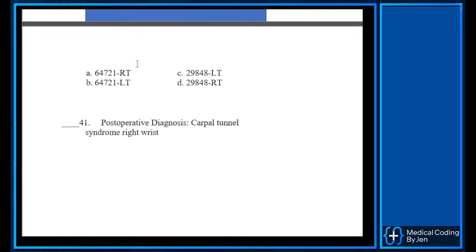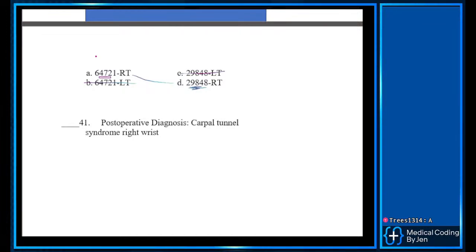All right. Can you guys figure out what the answer is with this one? Let's see. We've got right wrist. Well, you know right away we can get rid of the 2 LTs. Then it's just a difference between these, and they are going to be under totally different blue headers and probably body parts, right? The 47 is probably pretty far away from the 98, so those might be different body parts. So which one's under the wrist? If we look at our 647, what body part are we under? 64721.